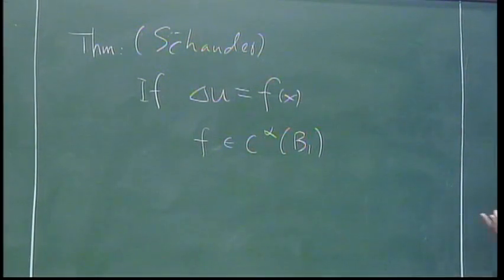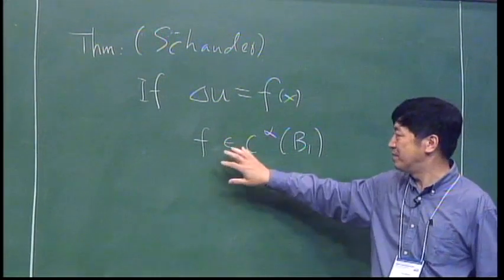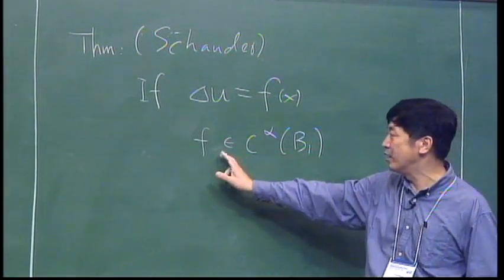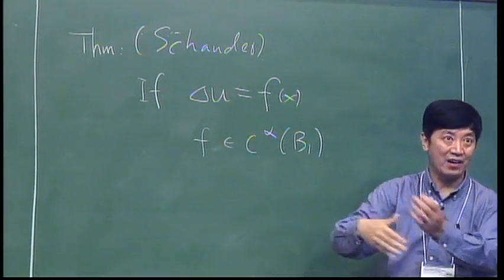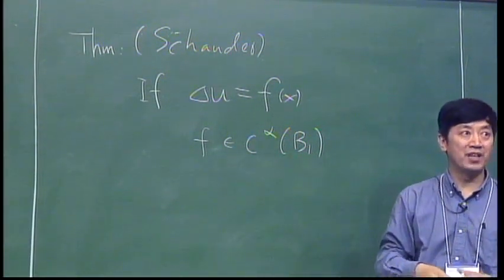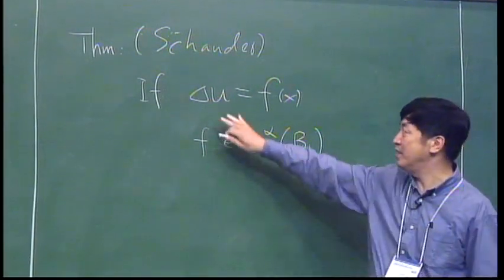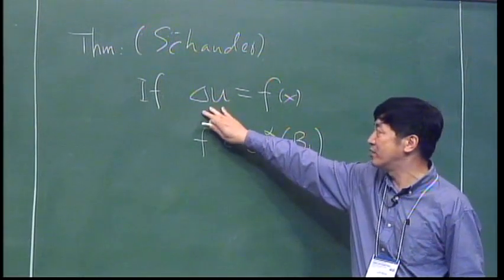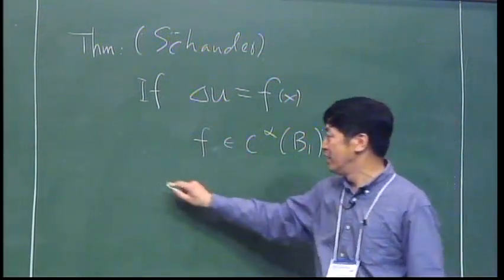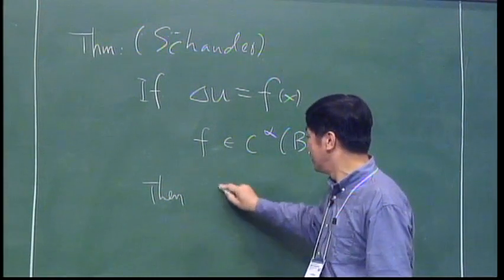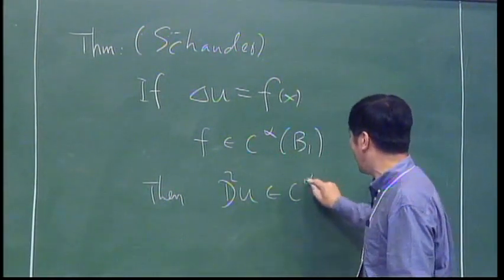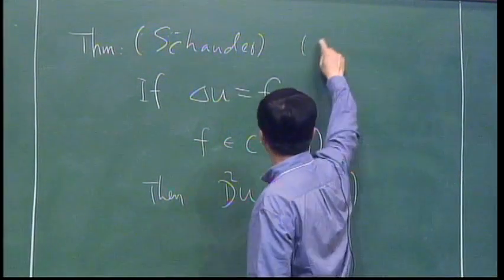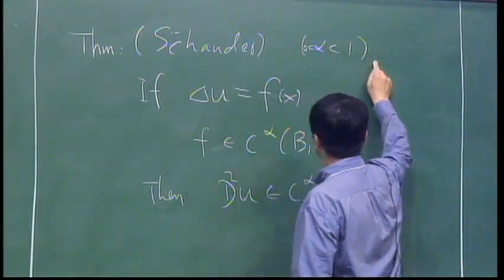What that means is f has a fixed modulus of continuity. So when two points are close, f varies like distance to a power, nothing more, nothing less. What the PDE says is you have one linear combination of second order derivatives behave that way. Then the conclusion is that the Hessian is in C^alpha of ball 1. This is alpha.